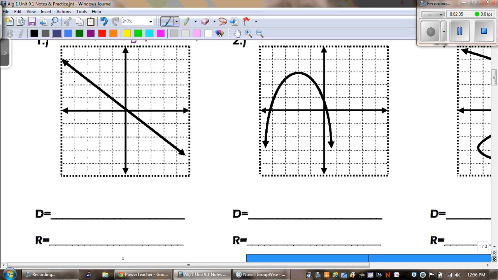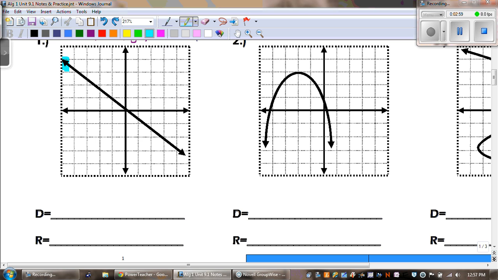As I'm looking left to right on this graph, is there a specific place where we can say it starts exactly here, or it ends exactly at 5? You might say, yeah, Mr. Grice, I can. And I'm going to say, no, you can't. See that little arrow right there?